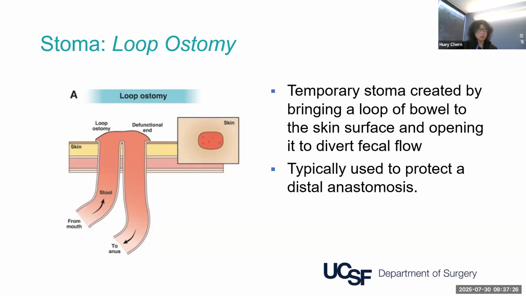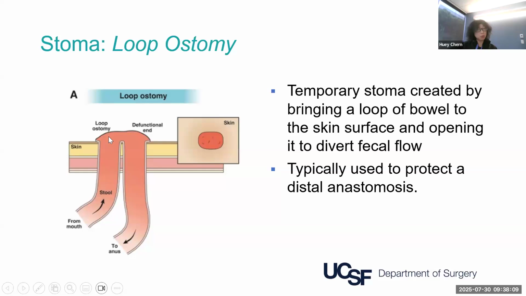It's not always that easy to see both limbs, because sometimes we form it in a way that looks almost like an end stoma, mainly to make it easier for the patients to pouch. But it's usually done to divert the fecal stream away from what you're trying to protect, usually an anastomosis. So that is a loop stoma.